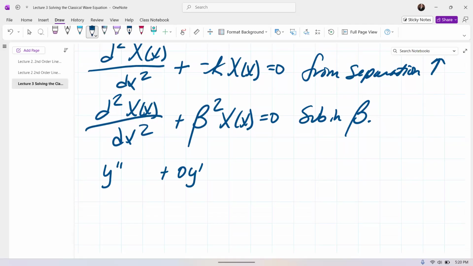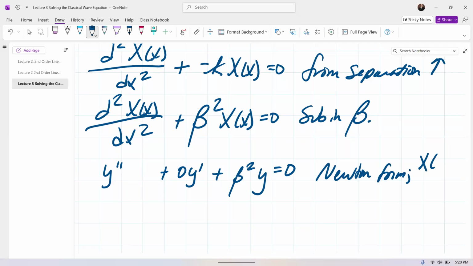No, 0 y prime, plus beta squared y, where y is going to be our X of x, equals 0. So this is Newton form. The other thing we did here is we said X of x equals our y, that y that we were looking for when we solved this thing last time.